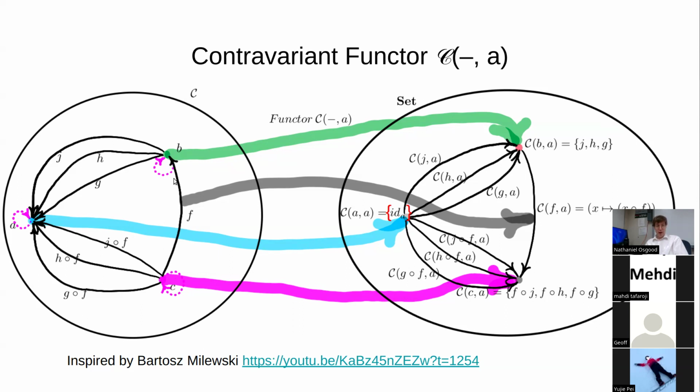It goes from C to B. What I'm saying is, if you want to know in this category, capital C, how to go from C to A, and you already know how to go from B to A, what you need to know from category C is how to go from C to B.